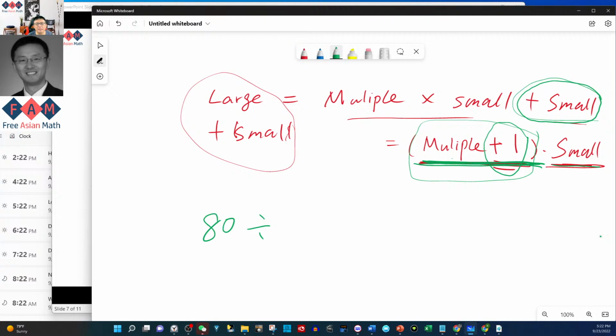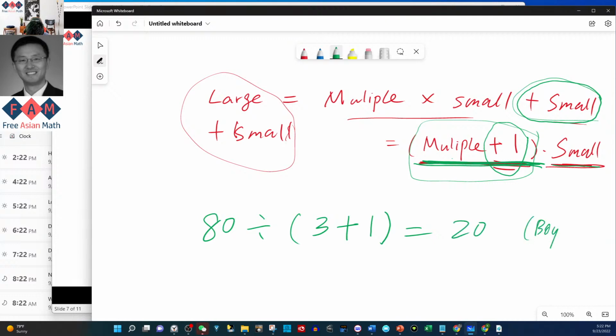We divide this by the multiple, which is 3 times plus 1. This will give us the smaller number, which is the number of boys playing soccer. So this is 80 divided by 4, that's 20.